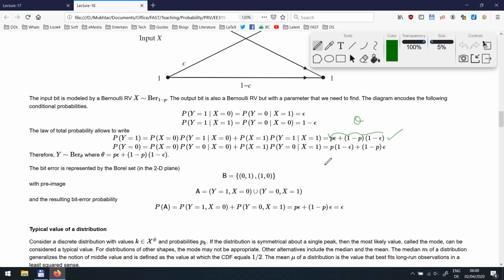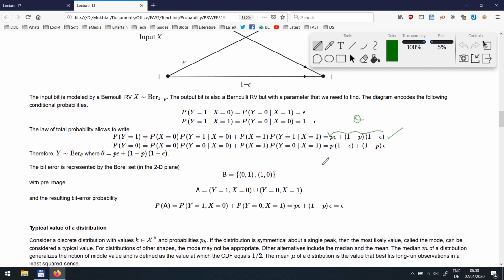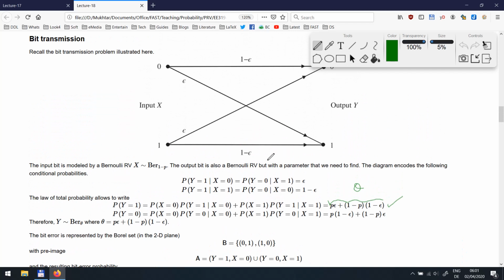Just to make sure how you will use these probabilities to answer important questions: how will you represent the bit error in this scenario? We spoke of Borel sets all the time. The Borel set in this problem is more complicated because you have two random variables, x and y. When you say error, it will involve both x and y. You send a bit and something else is received.